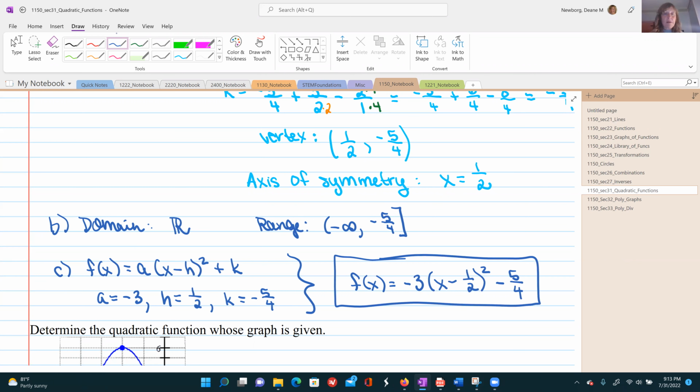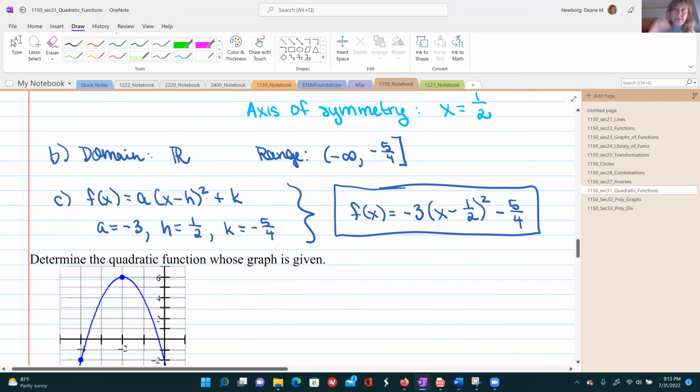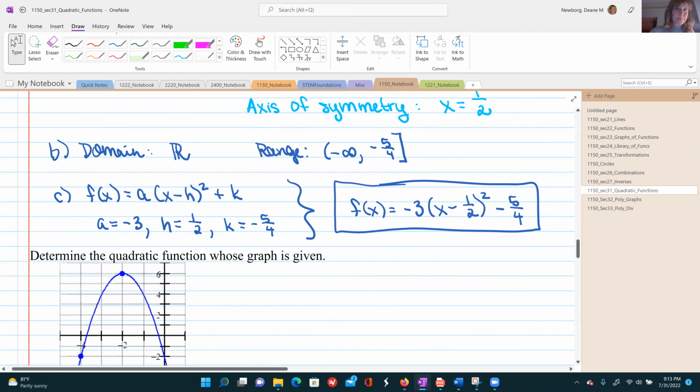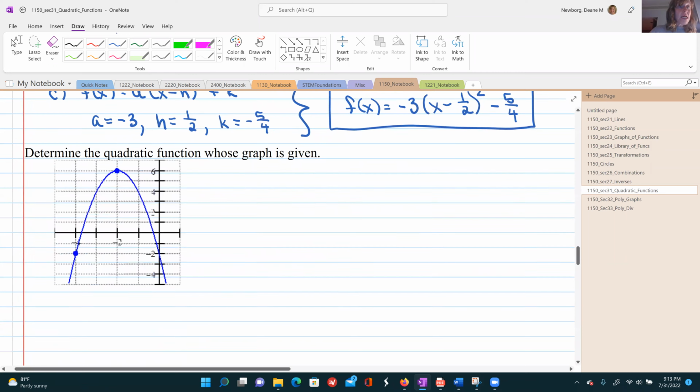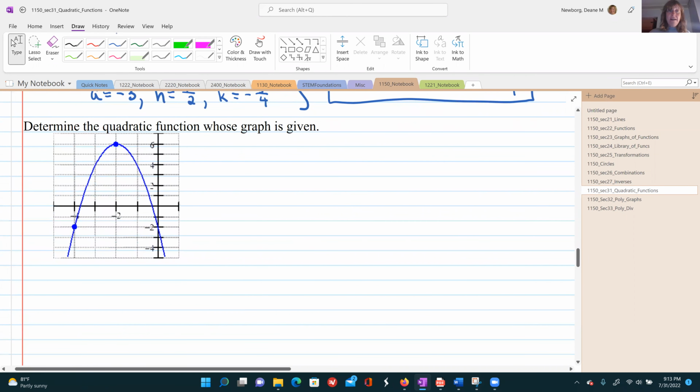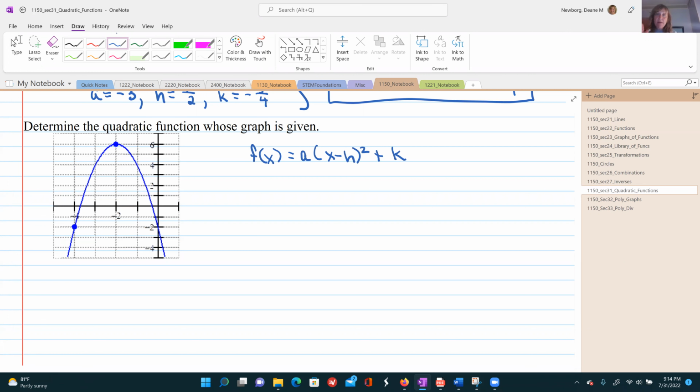Okay, I'll do one more problem and then I'll do the rest of it in a part 2 video. So here, they give us the graph and they want us to come up with the function. It's probably easiest to do it in standard form, f of x equals a times (x minus h) squared plus k, because the h and k, remember, are the coordinates of the vertex.